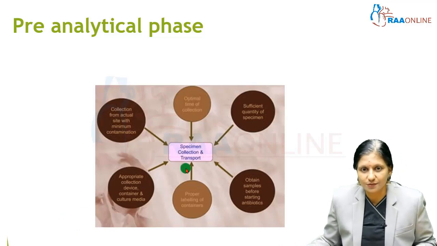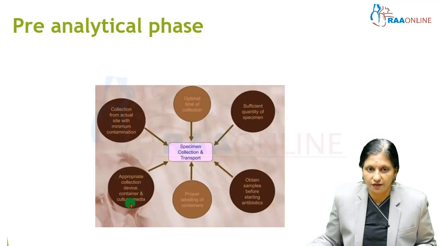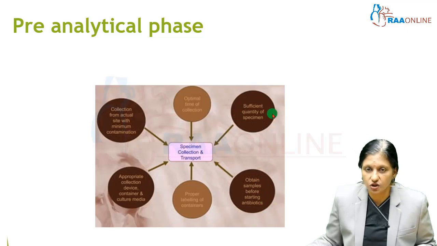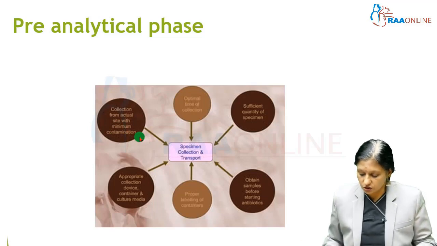What we realize is that specimen collection and transport is affected by so many factors: whether there has been an appropriate collection device, an appropriate container or appropriate culture media, whether there was proper labeling of the containers, whether the samples were obtained before or after starting the antibiotics, whether a sufficient amount of specimen has been collected for identifying the microorganisms, and whether the specimen was collected at an optimal day of fever, like in the first few days of illness or after the fever subsided, during the acute phase or during the latent phase of the disease, and whether the collection was from an actual site with minimum contamination. So, all these are called the pre-analytical phase of sample collection.